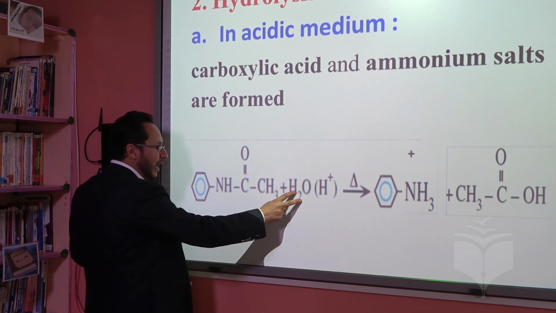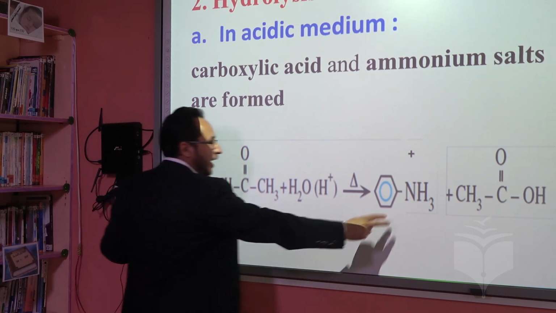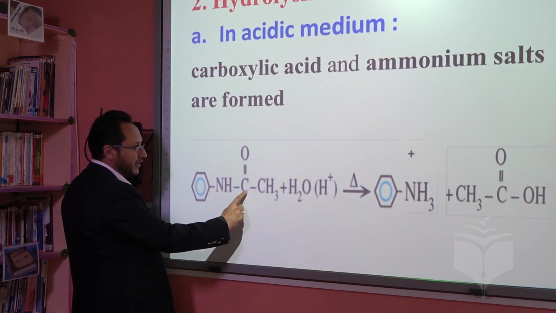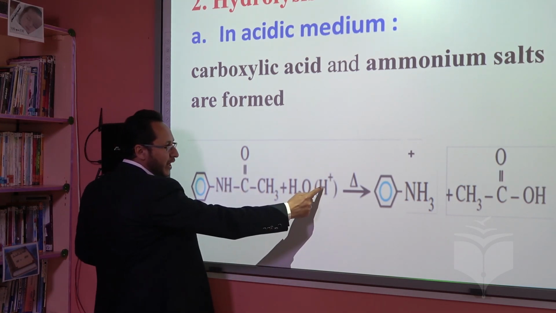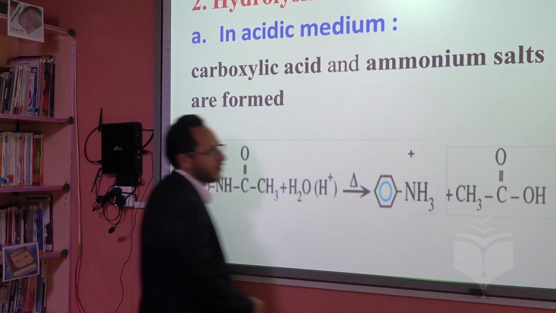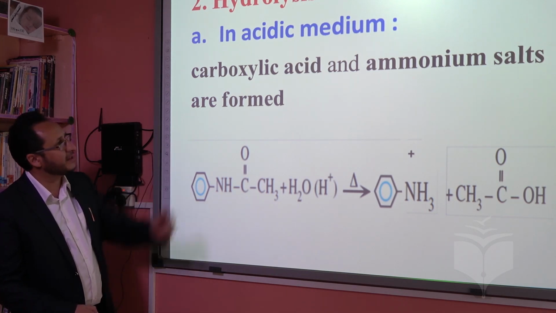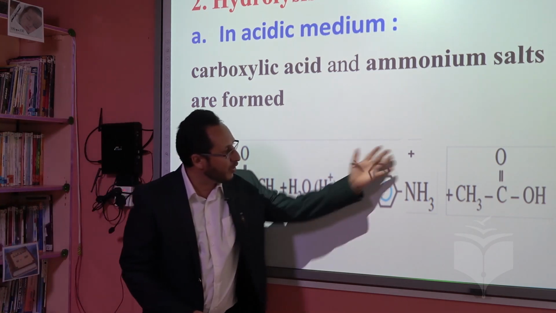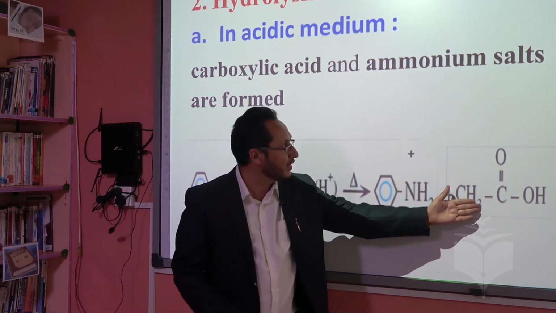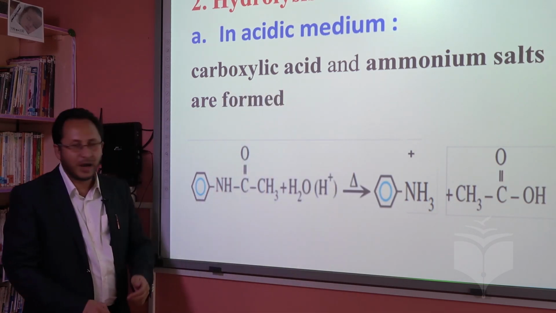These two hydrogen, put them with NH, so they become NH3 plus. And here we have CH3C double bond O, you have to write OH. So this is CH3C double bond O, OH. This is in the acidic medium, so it gives us the ammonium salt. This one we call anilinium ion. And this is the acid. So it gives us carboxylic acids and ammonium salt.